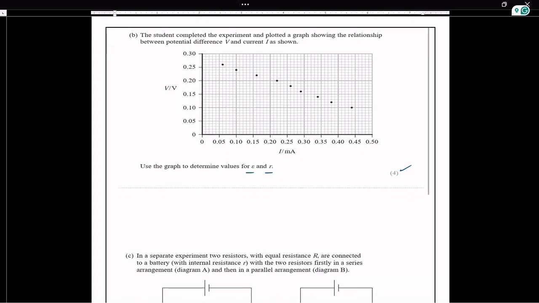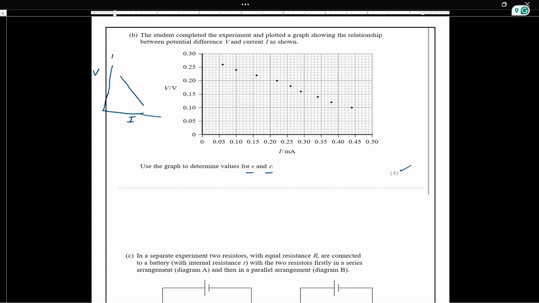You have studied the graph relating the terminal PD and the current. The graph has a negative gradient, a line sloped down.